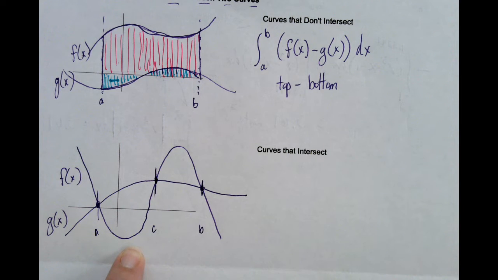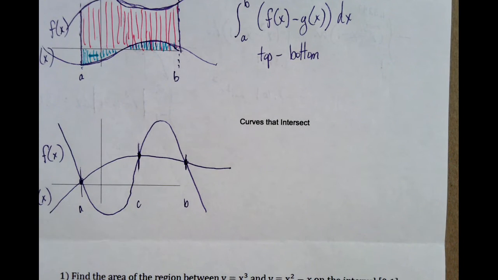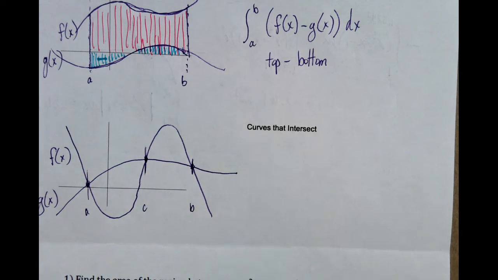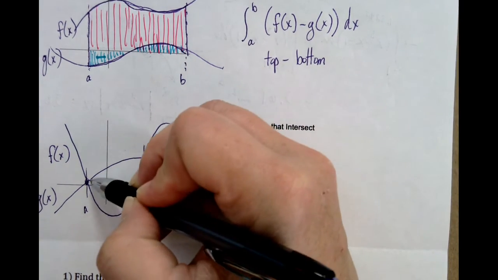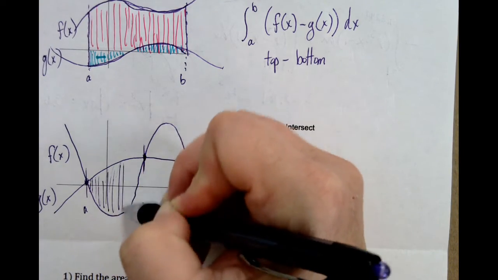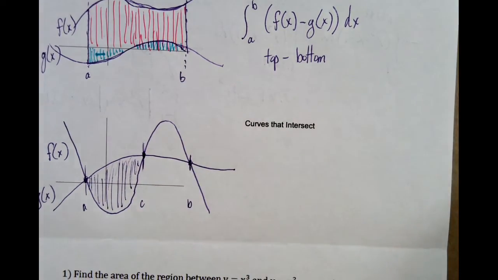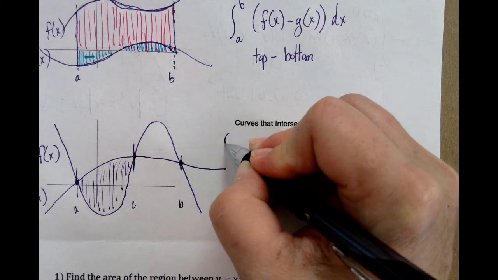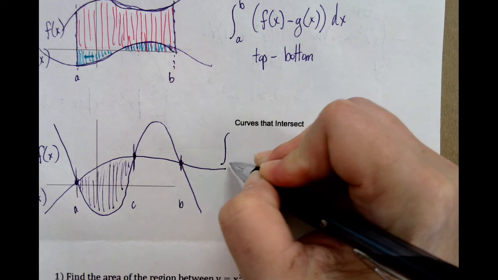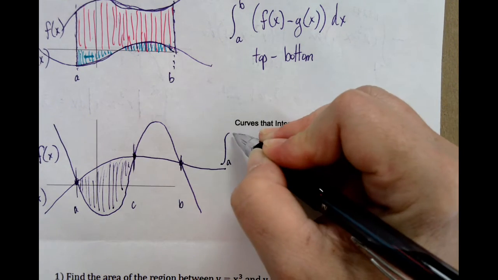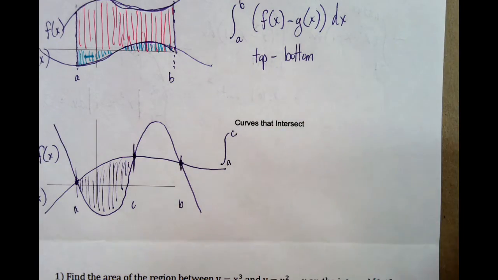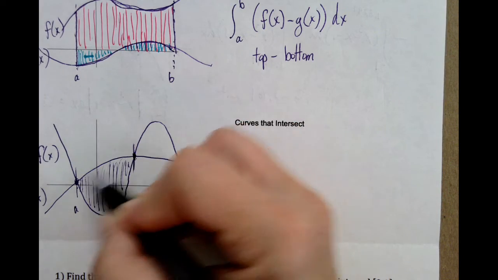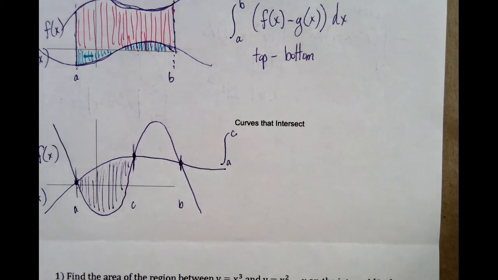Okay. So now, let's divide this up. To find that area between the two curves, I need to do the integral from A to C. I called that one C. So you check, adjust yours if you need to.